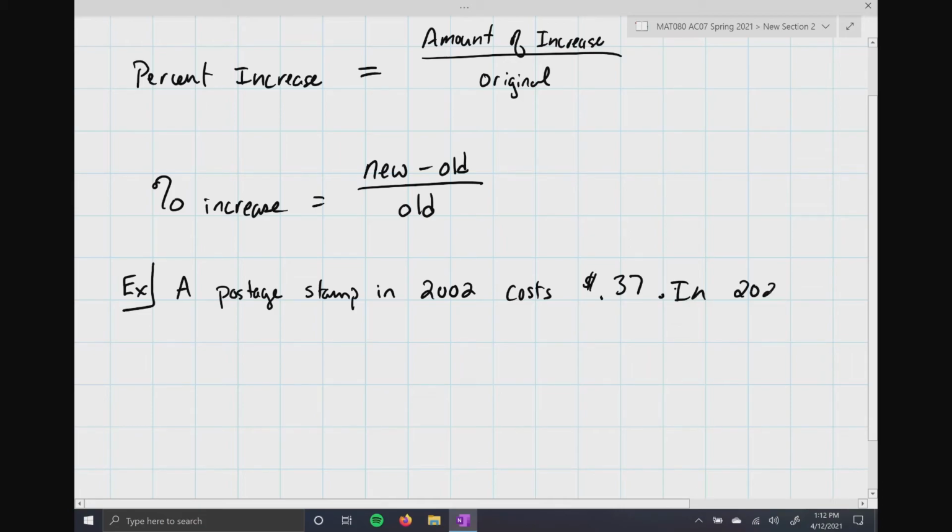In 2021, the same postage stamp cost, and I forget, I had it in my head, I think is it 51 cents?